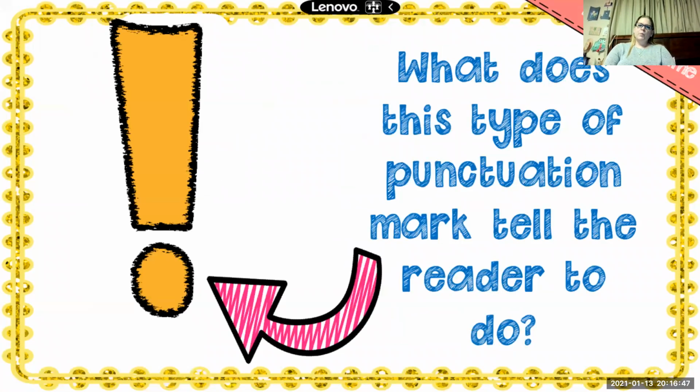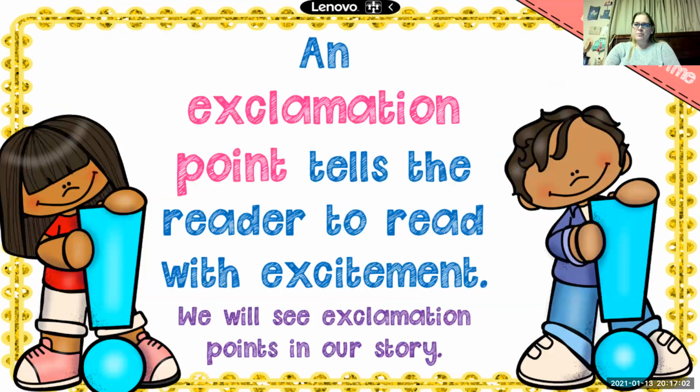Okay, so what does this type of punctuation mark tell you as the reader to do? What should you do when you see one of those? Okay, good. An exclamation point tells the reader to read with excitement. And we will see exclamation points in our story today.